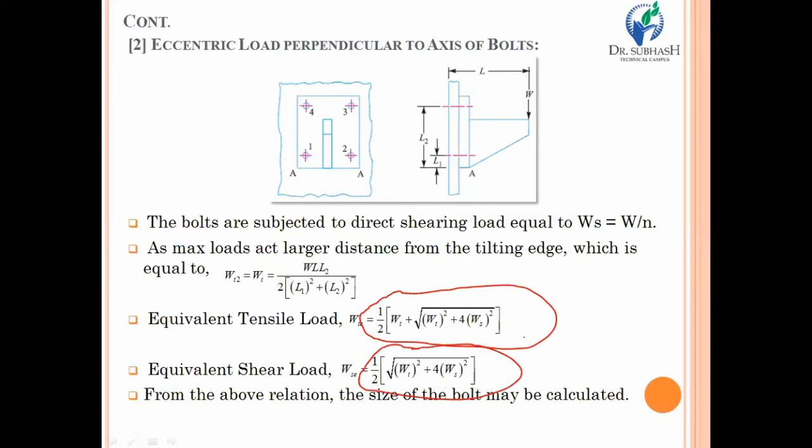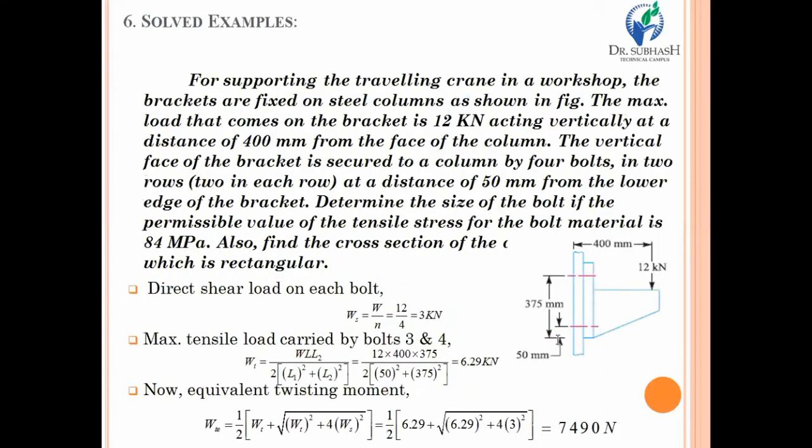Suppose you are equating with both of these relations and you find two values of DC, the larger should be taken. So this is the case of an eccentric load acting perpendicular to the axis of the bolt. Now based on that particular theory, we have one example to solve.